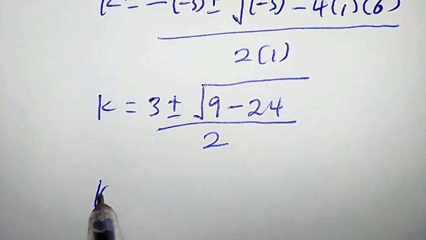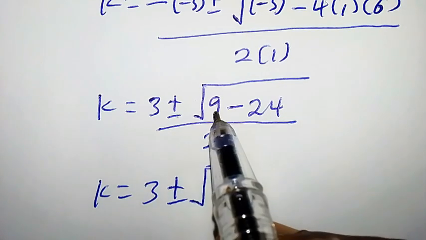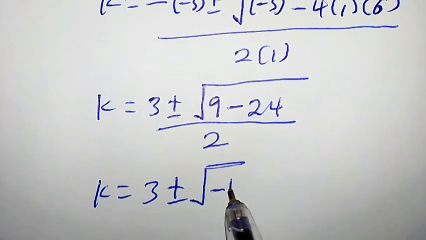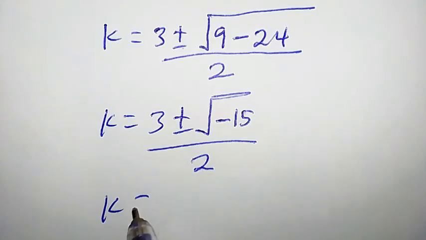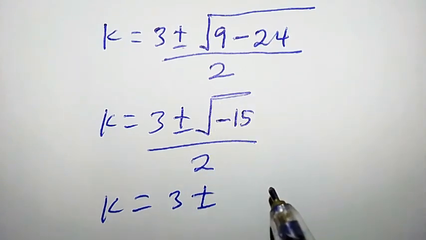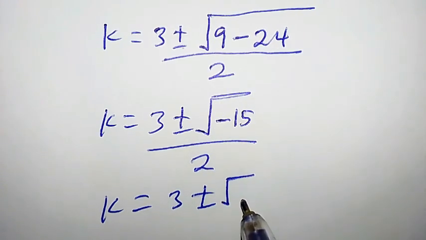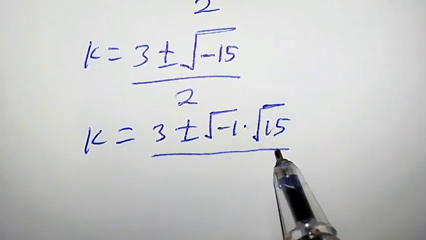So, k is equal to 3 plus or minus square root of 9 minus 24, that is negative 15, over 2. K is equal to 3 plus or minus square root of negative 15, we can write it as square root of negative 1 times square root of 15 over 2.